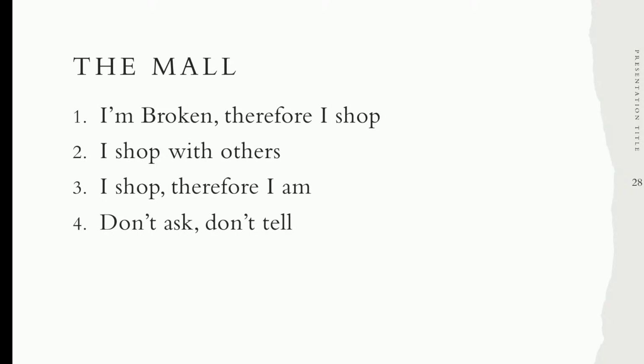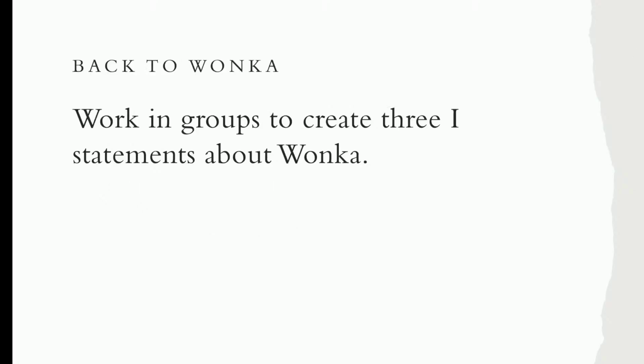We'll talk about it a little more in a bit, but here's the task: you're going to develop your own Wonka I statements. Working in groups, your job is to create 3 I statements about the Wonka movie.